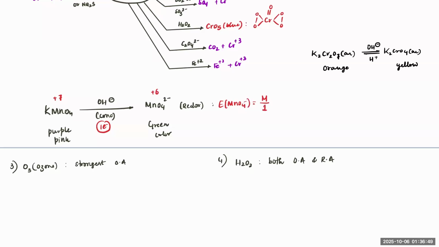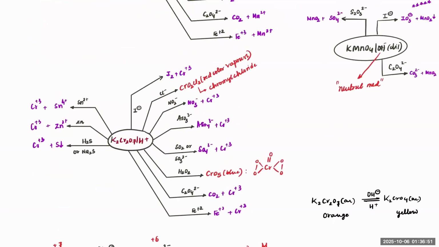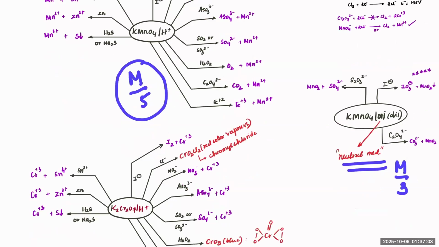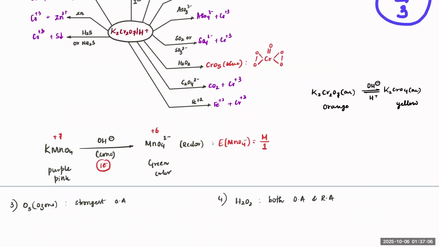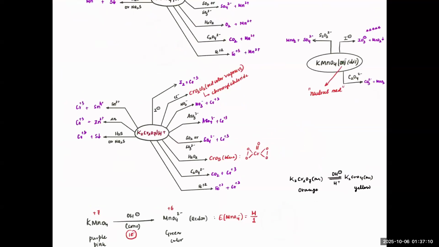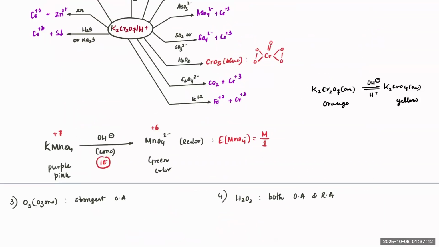But if I ask you the equivalent weight of KMnO4 in neutral medium, it is M by 3. What is it in acidic medium? M by 5. So M by 5, M by 3 and M by 1. These are the values. Clear?